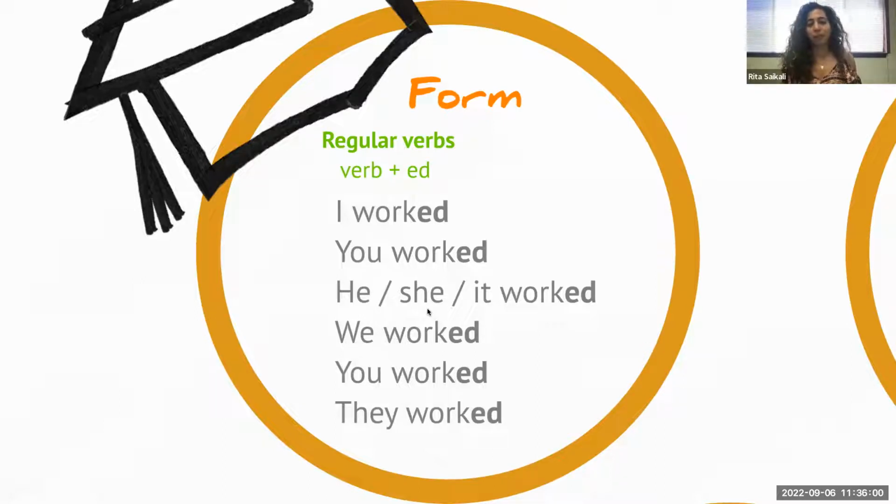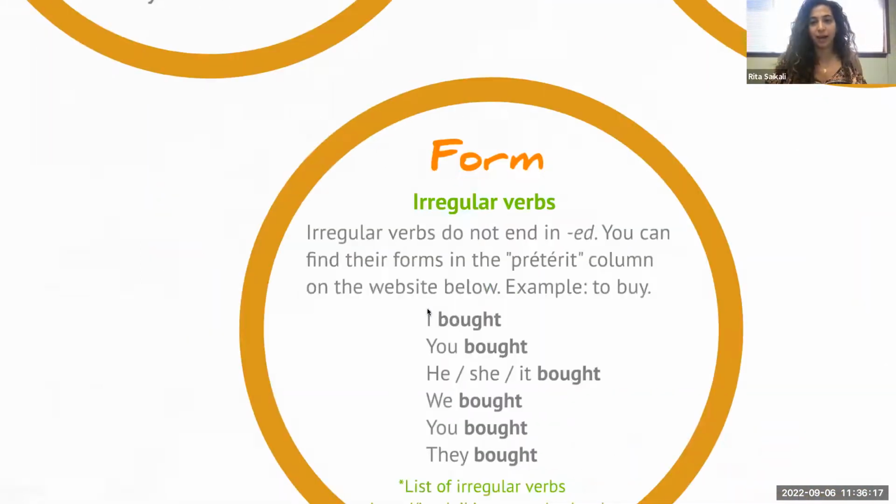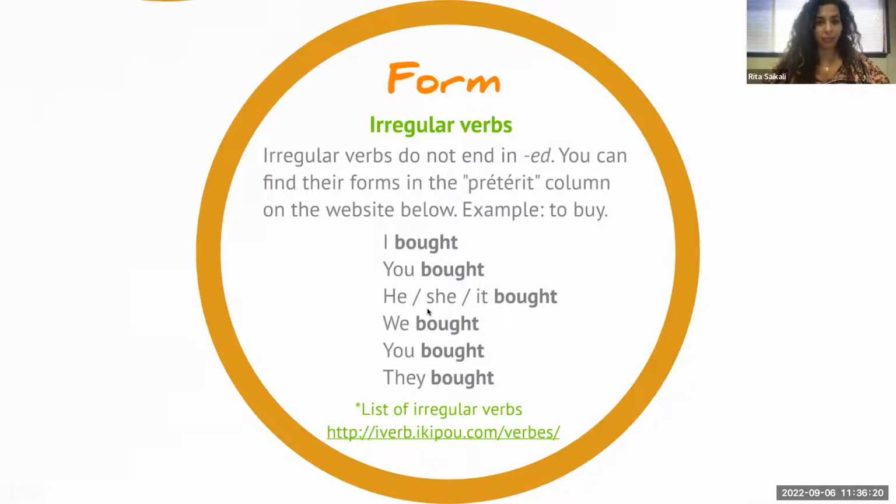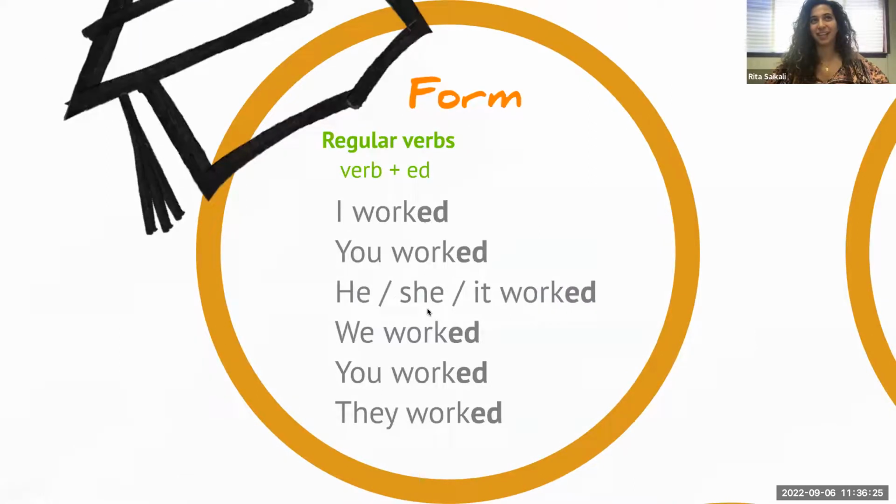So again, what we're doing is simply adding the letters E and D at the end of the verb. And that's how we can identify it as simple past. It's all the same, which is the really cool part.